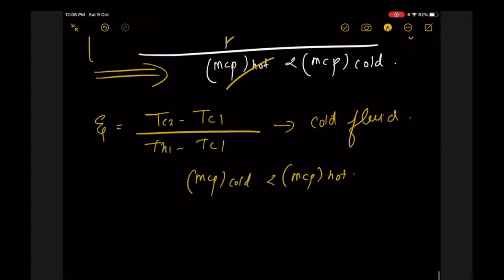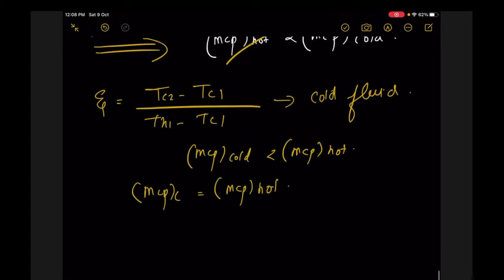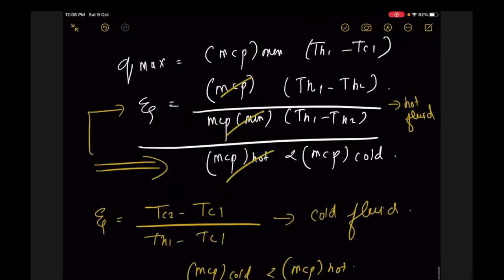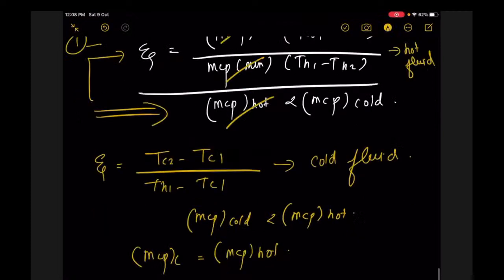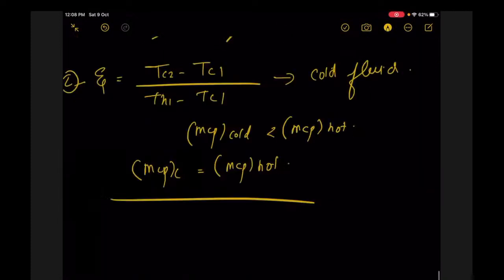And if MCP cold is equal to MCP hot, then you can use any equation. So give it 1, give it 2, use 1 or 2. Write this.